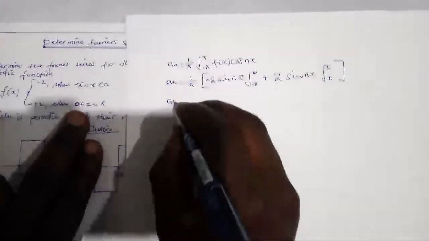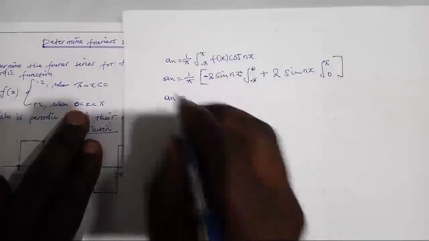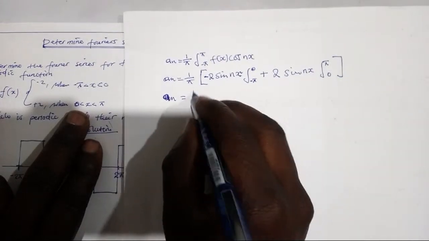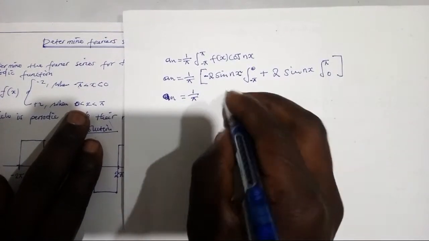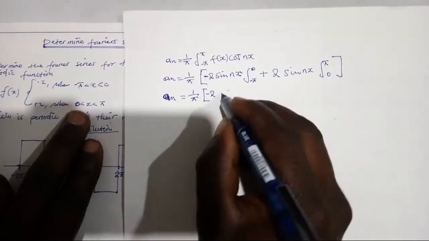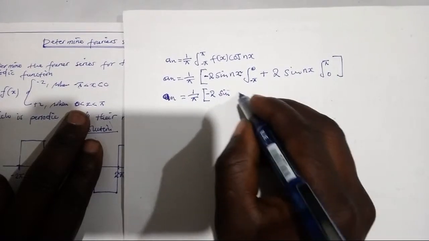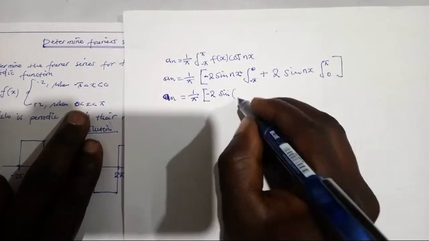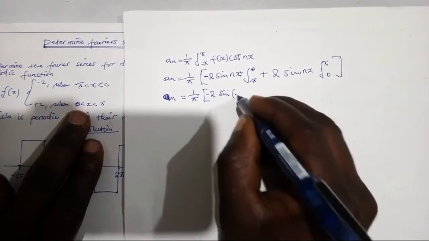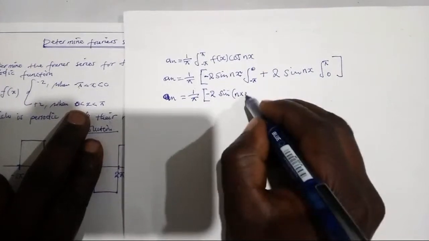So a sub n should be like this one, a sub n is 1 over pi, then open square bracket, then minus 2 sine, then open bracket, then here we have n times the upper limit, we have 0, okay?